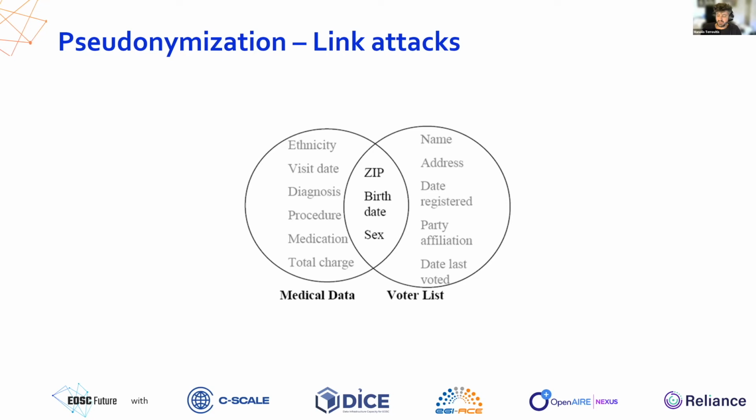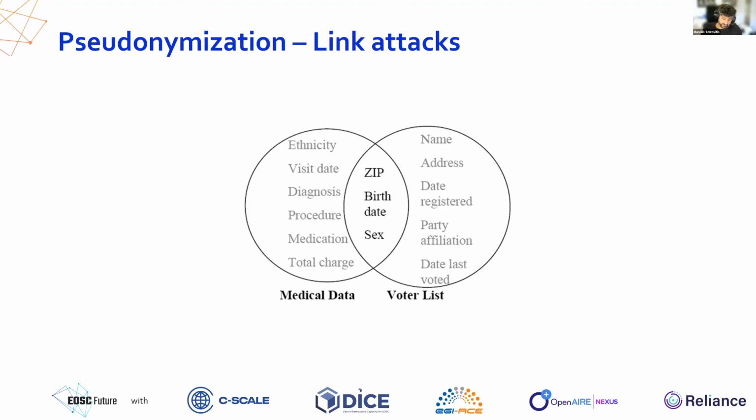So in the United States, for reasons of transparency, hospitals used to publish pseudonymized data about patient treatments, which removed names, removed identifying numbers, and left the descriptive data that you can see on the left here. Now, at the same time, in the US, they had public voter lists, which had the data that exist on the right that you see here.